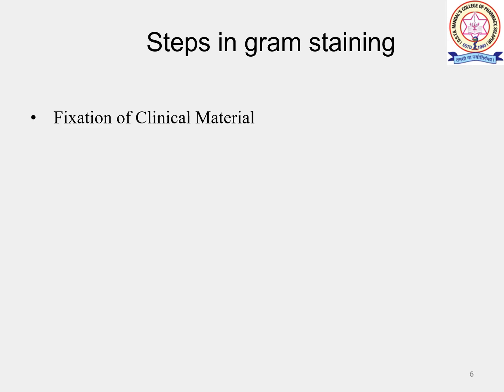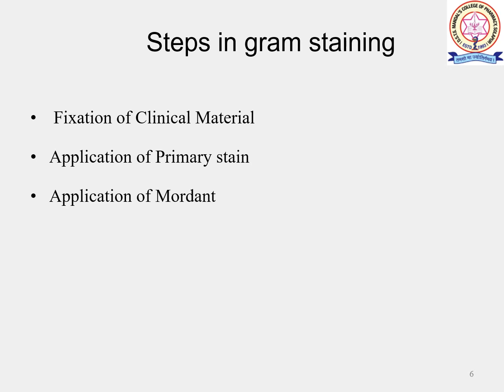Gram staining involves the following steps. First step is the fixation of clinical material by heating or using methanol. Then wash the material and apply the primary stain, that is crystal violet. Then add the mordant, the iodine solution, and wait for 1 minute.